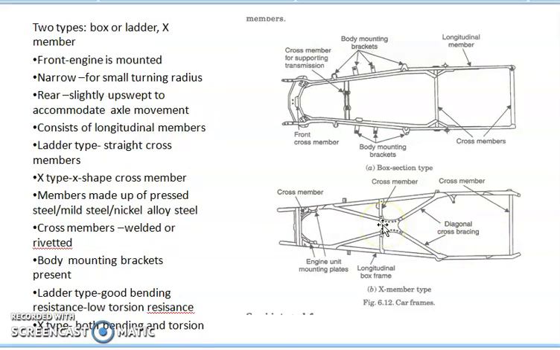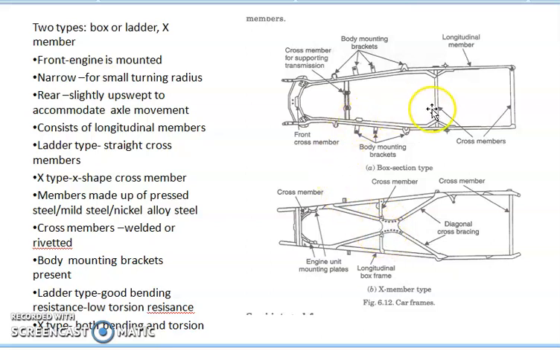In this ladder type of frame, you can see that it has good bending resistance, whereas the torsional resistance is comparatively low. In the case of the X member frame, the basic difference between these two is the center X cross member, which is provided for supporting the various mountings on the frame.